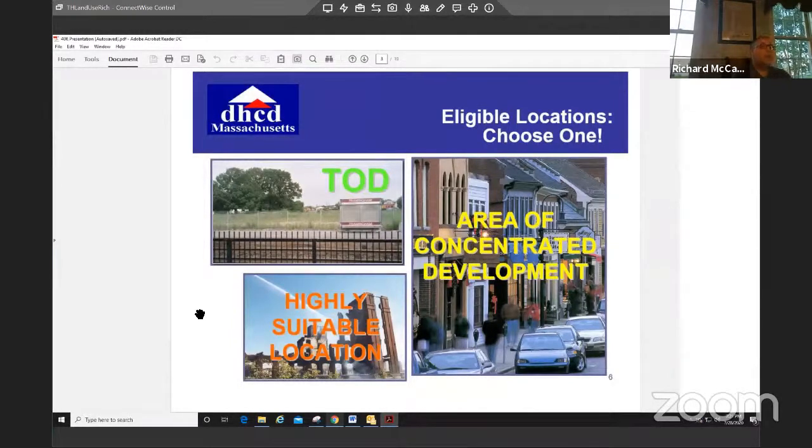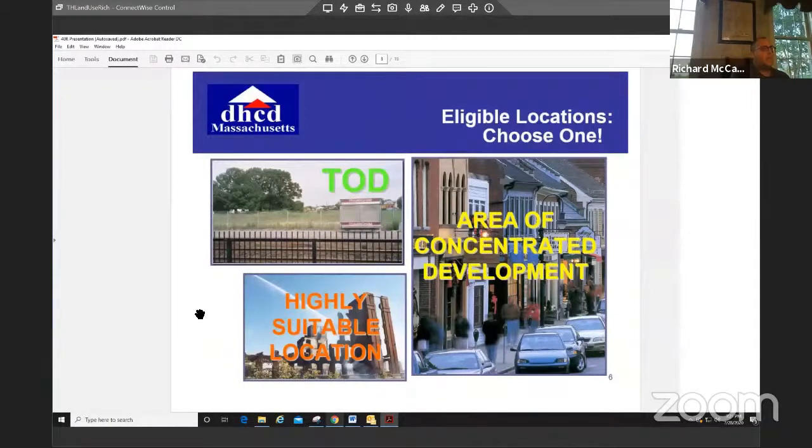Highly suitable location, area of concentrated development. But in our particular case, we'd be given consideration because it's abutting the MBTA commuter rail location. The TOD in relation to commuter rail has to be within a half mile, I believe, from the transit.